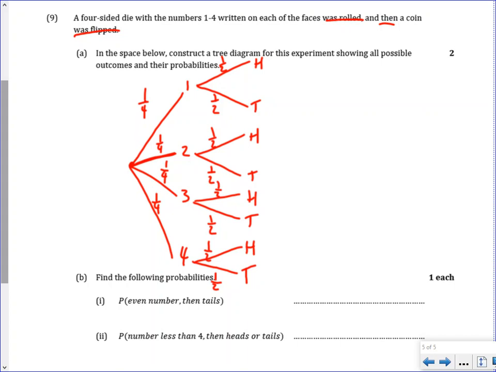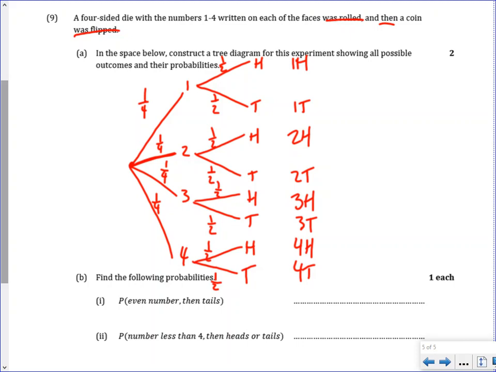So we have 1H, 1T, 2H, 2T, 3H, 3T, 4H, and 4T. And if you find the probabilities of each of them, they'll all be 1 over 8 because you're just multiplying down the branch. 1 over 2 times 1 over 4 is 1 over 8.